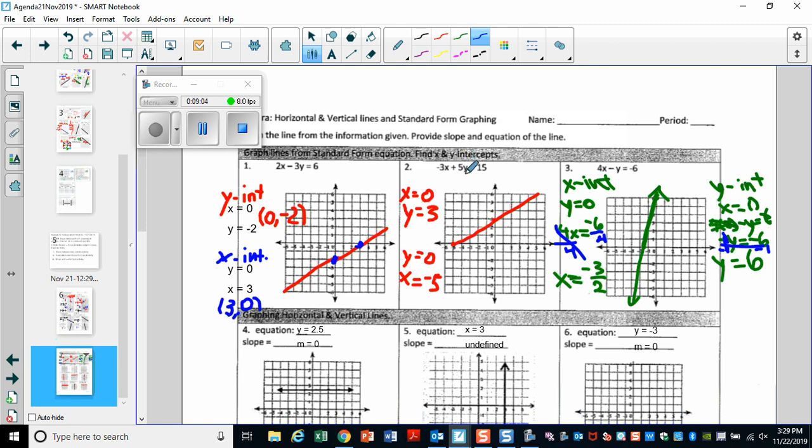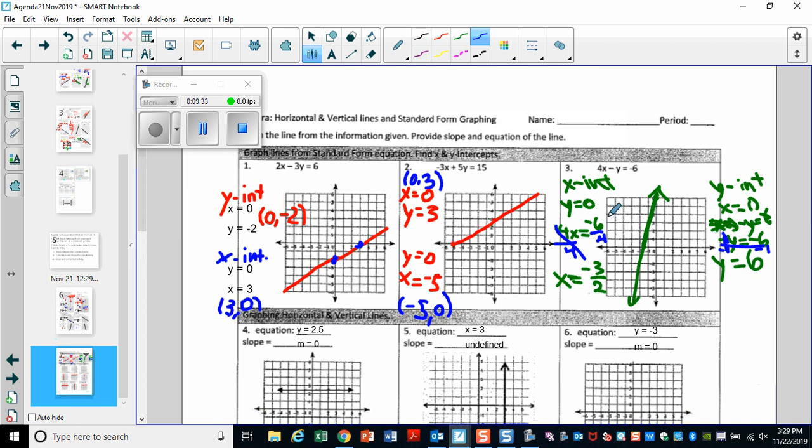Get rid of this middle term. -3 times what number gives me +15? -5. And then you have your points. This is your point (0, 3). And then here, again, (-5, 0).